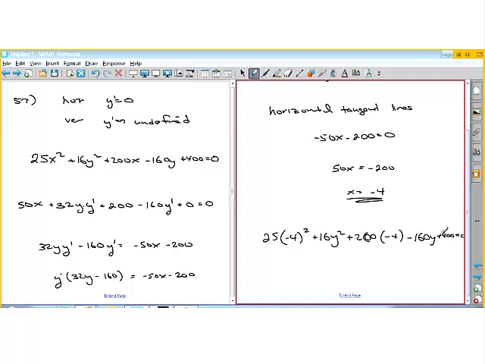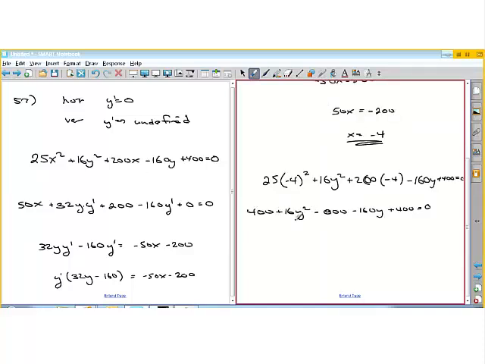And what I end up with is a quadratic equation, which I can solve numerous ways. 25 times 16, that's 400. 400 plus 16y squared minus 800 minus 160y plus 400 equals 0.